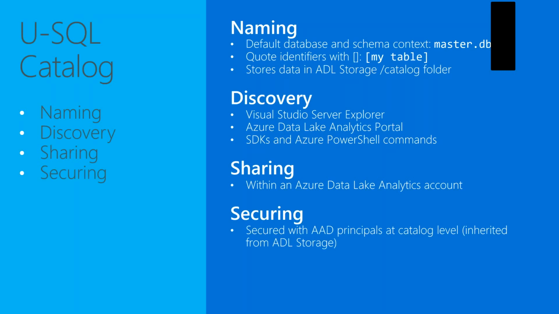In terms of securing these objects, they are secured with the Azure Active Directory principals that you're using to secure, for example, your Azure Data Lake storage account or your job queues, etc. At this point in time, early March 2016, we are securing the objects at the catalog level because we are inheriting the permissions from the ADL storage account.